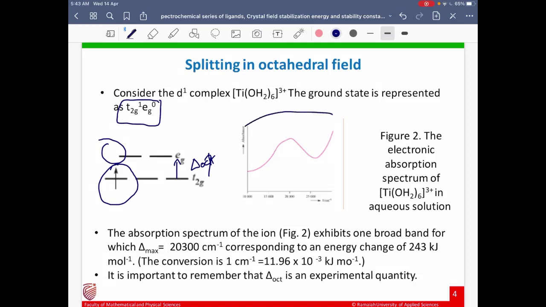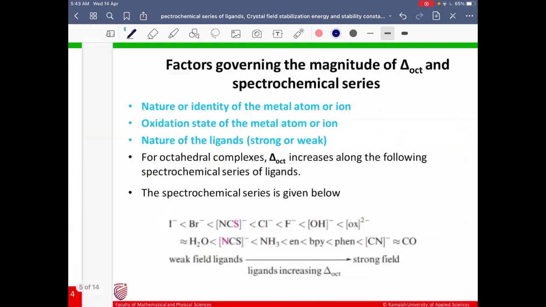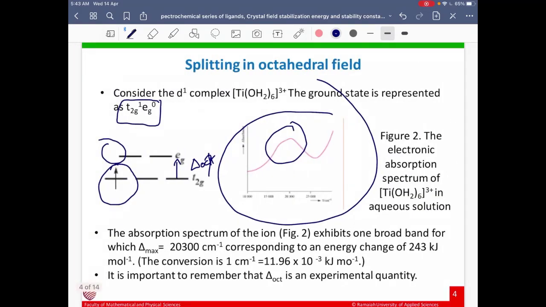The absorption spectrum of this complex is shown here. We can see the absorption spectrum of the ion exhibits one broad band for which delta max is somewhere around 20,300 centimeter raised to minus 1. If you convert that into energy, it will be 243 kilojoule per mole, because the conversion is 1 centimeter raised to minus 1 equal to 11.96 into 10 to the power minus 3 kilojoule per mole. The absorption results from a change in electronic configuration from T2g1 Eg0 to T2g0 Eg1.